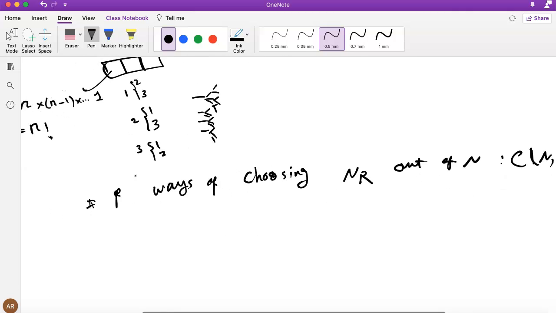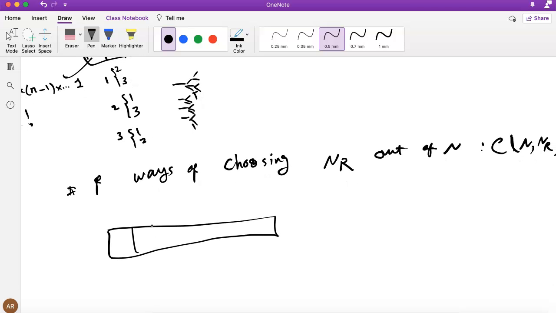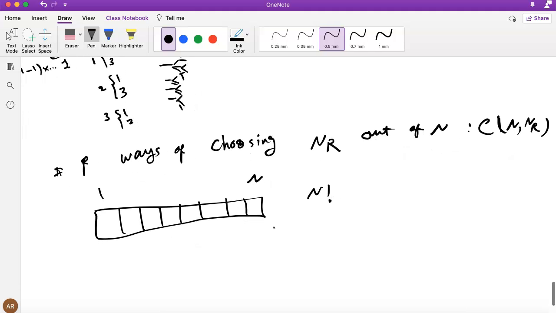I don't know what that is, but somehow I can relate it to the permutations. Suppose again I have n objects, and I know the whole number of permutations is n factorial, but let's now construct this in a different way. Let's choose n_r of these. For example, take n_r equal 3.